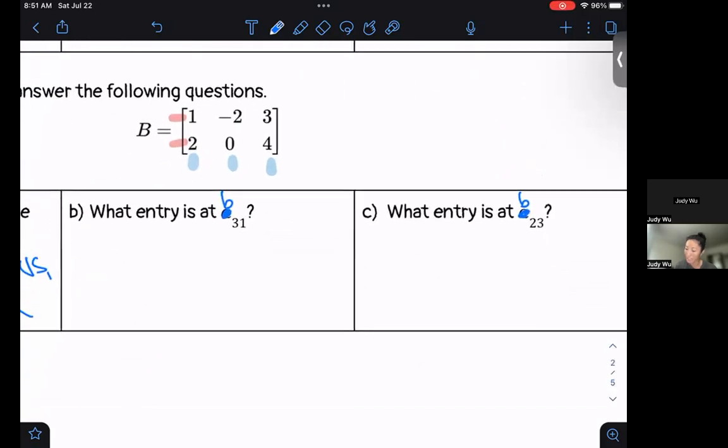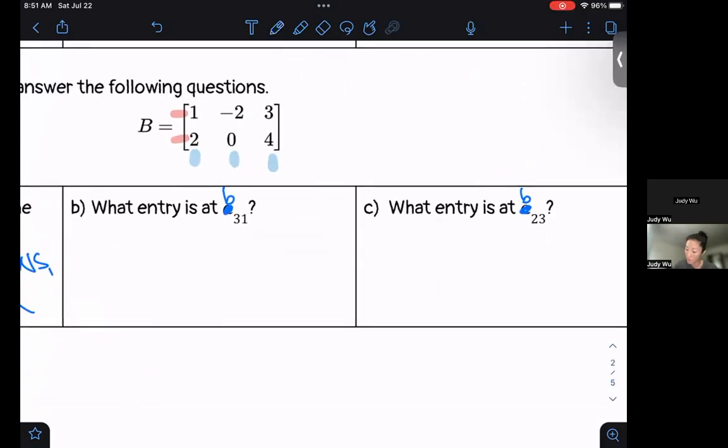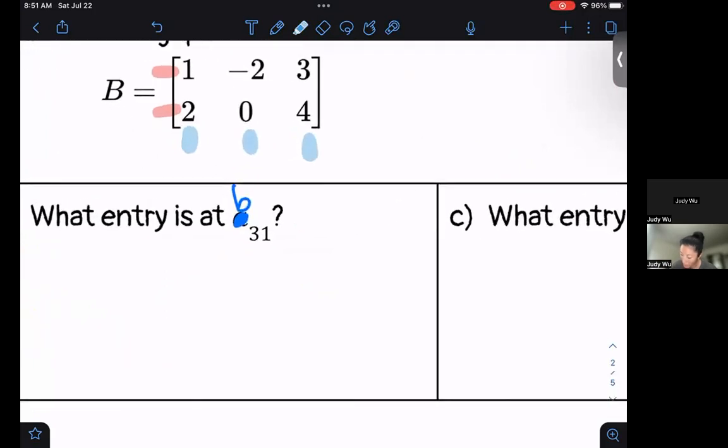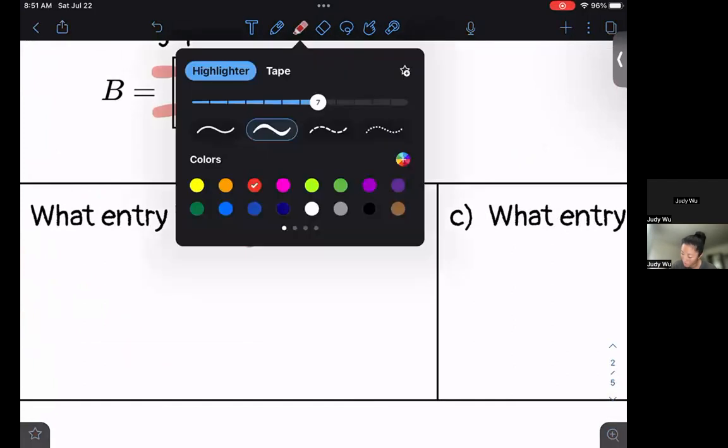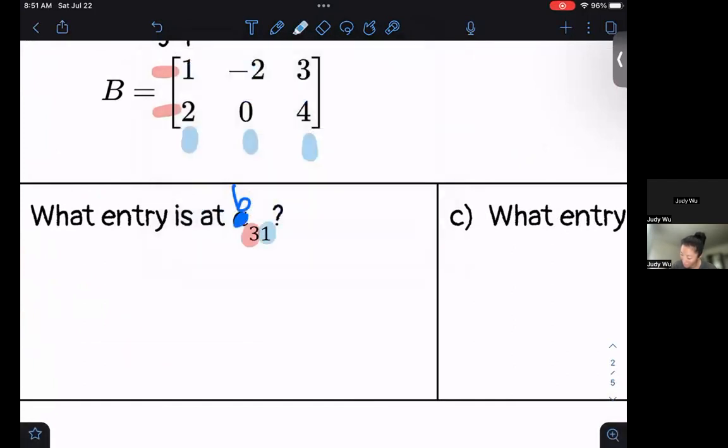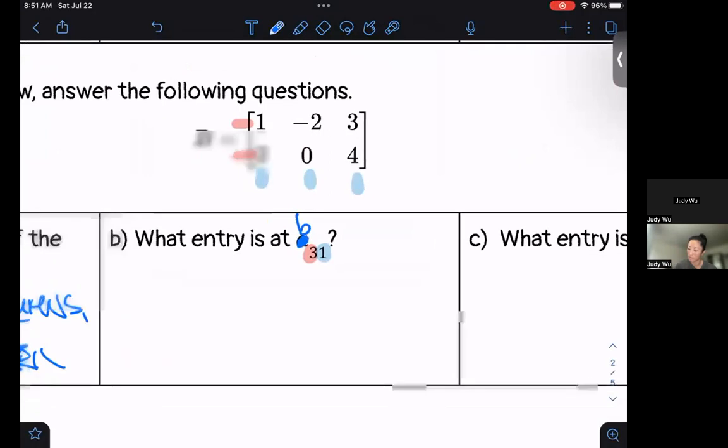All right, now let's find out where these entries are. What entry is at B31? Well, this means that I am going to the 3rd row and the 1st column. So row 1, row 2. Well, I don't have a row 3, right? There's no 3rd row here.